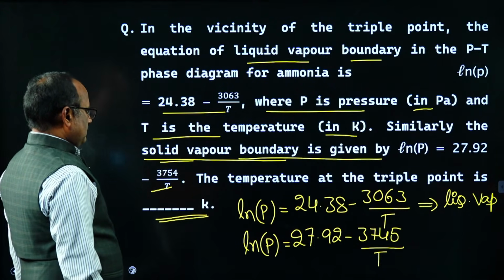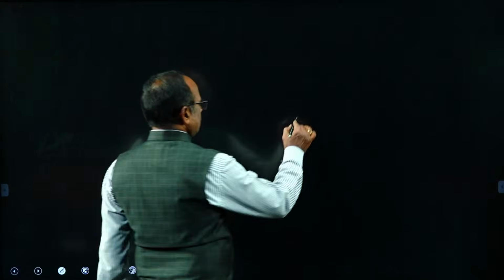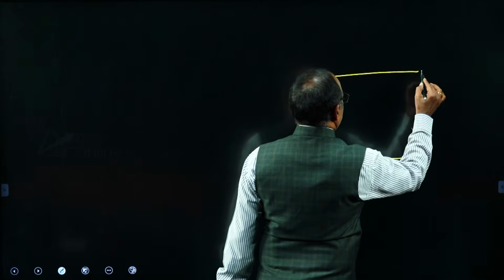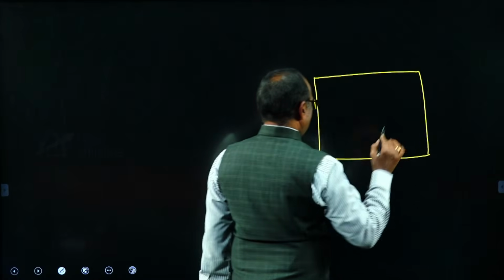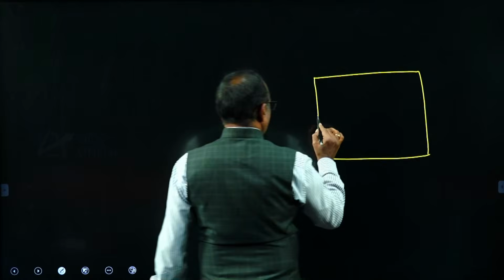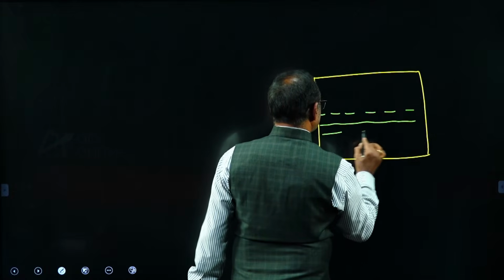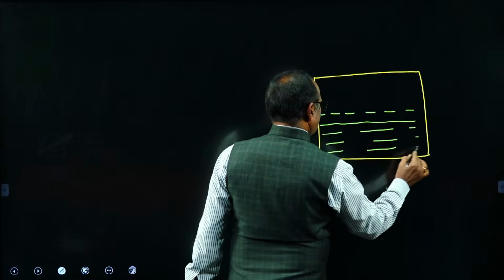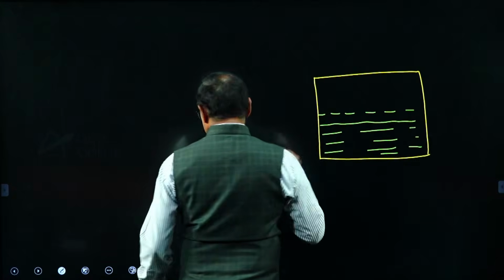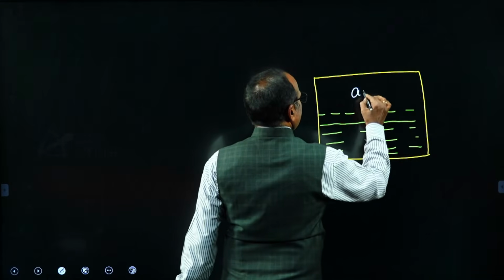Now, let me briefly explain the meaning of triple point. Triple point meaning is like this: you take some water in a container up to a certain level, and above the water level some atmospheric air is there.